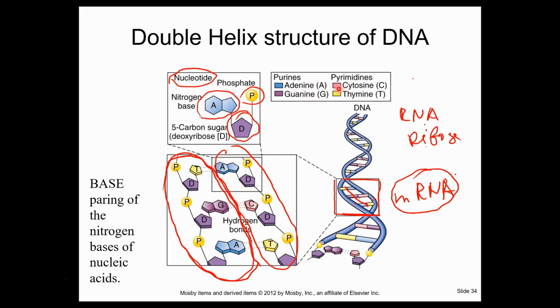By the way, cytosine and guanine are called purines also. I don't know if you heard about purines, but the purines are the ones that, once they metabolize these bases, produce a lot of uric acid.